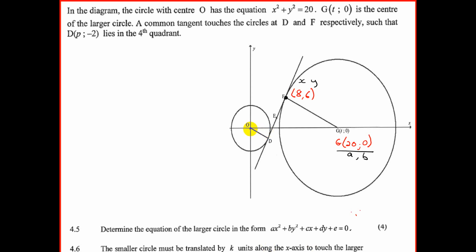So what we know now is that the radius of the small circle, I think I should change the color to illustrate that. The radius of the small circle we have found, it's the square root of 20, and the radius of the larger circle, because we found the equation of the larger circle in the previous one, is actually root 80.